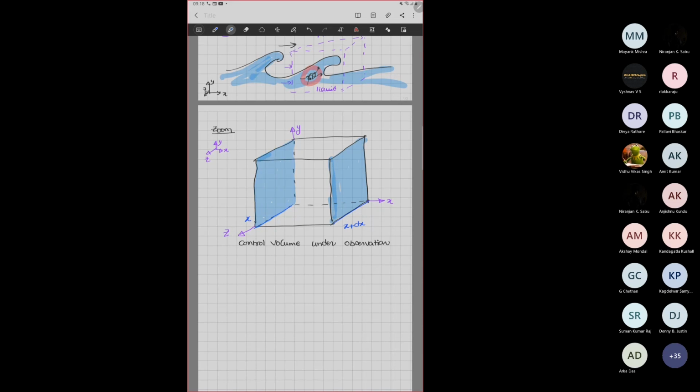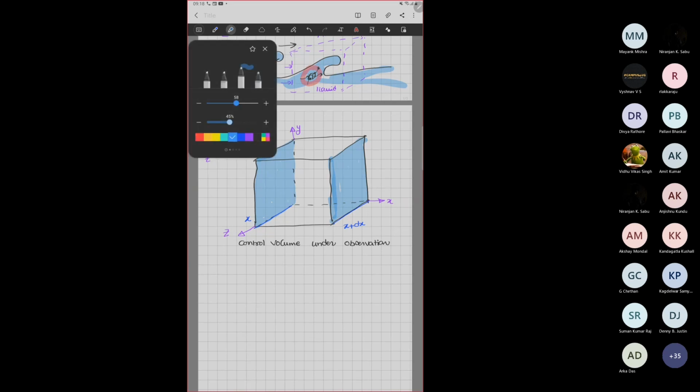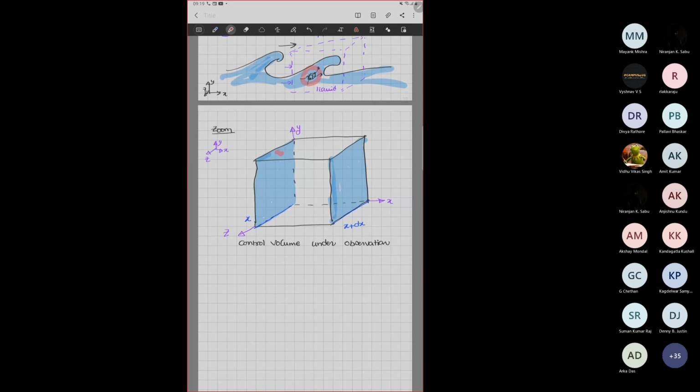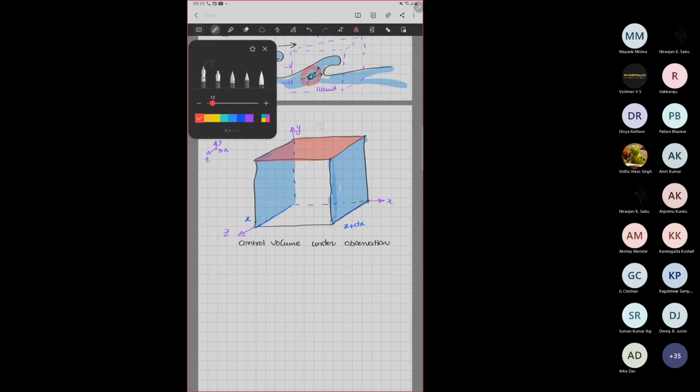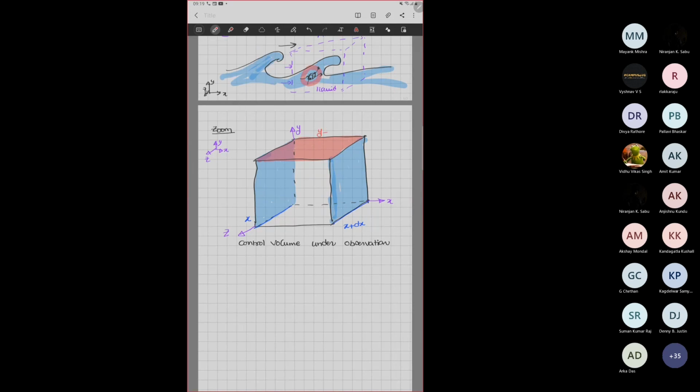Now let us look at the y planes. This plane is at y plus delta y location, and the bottom plane is at y location, the entire bottom one.